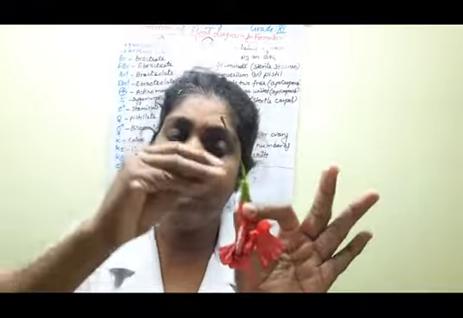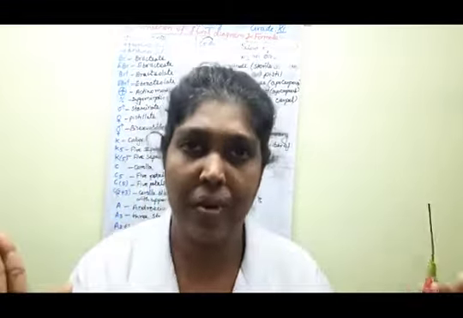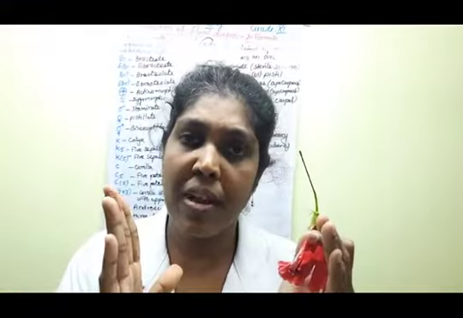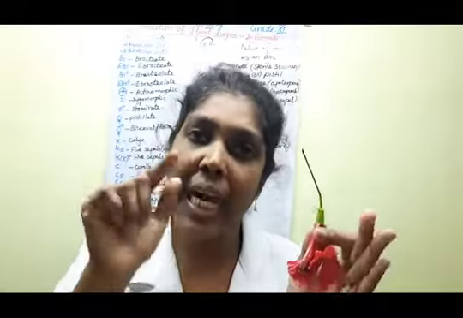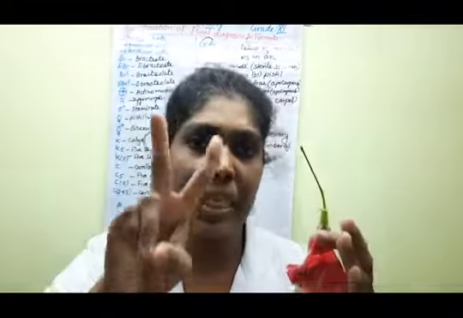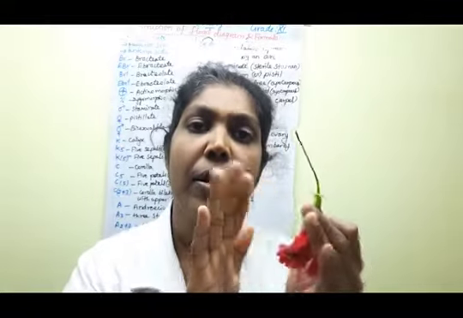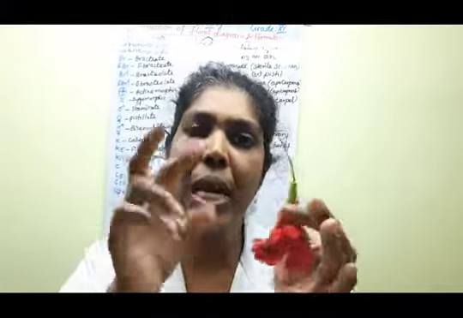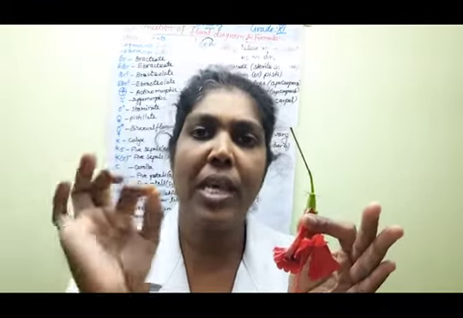If we change the direction, we never get two equal parts of the flower. Understood? That is known as zygomorphic.